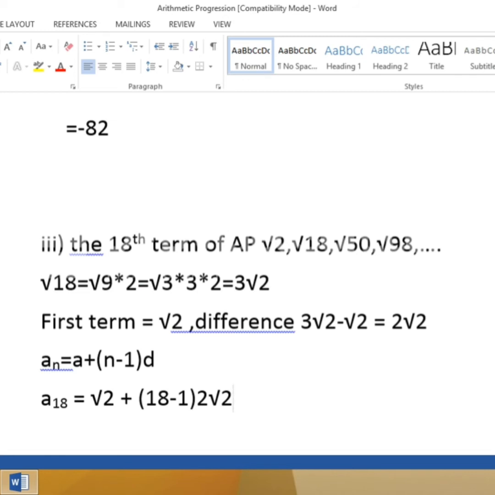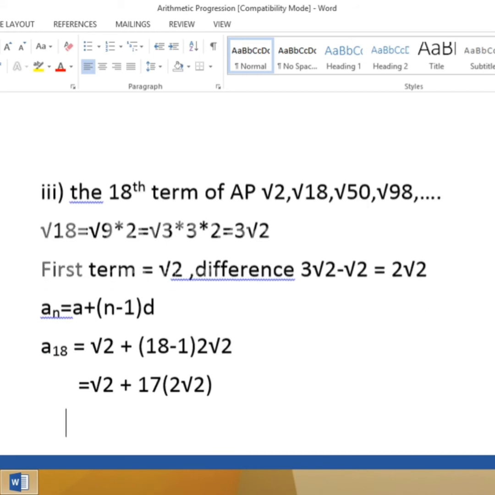So it can be further written as square root of 2 plus 17, 18 minus 1, into 2 into square root of 2. That becomes 17 into 2, 34 square root of 2.